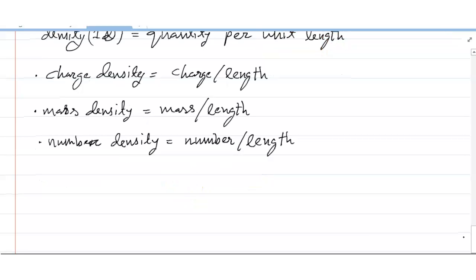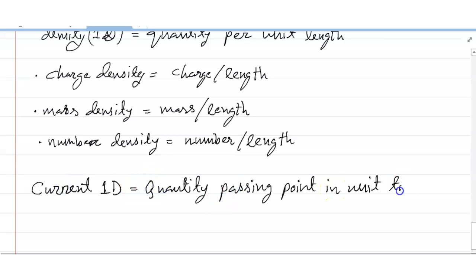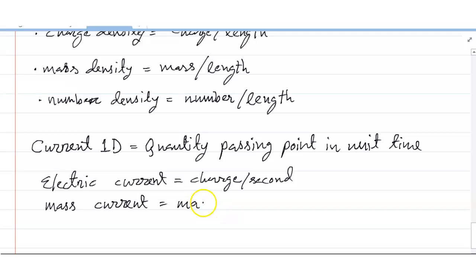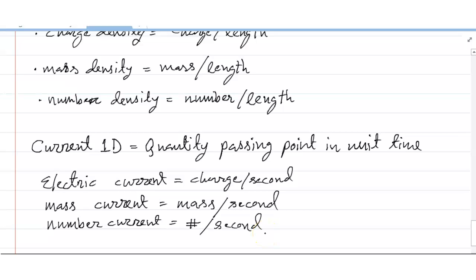Current in 1D is the quantity passing a point in unit time. Electric current is charge per second. Mass current is mass per second. Number current is number per second. So friends, I have discussed what current and density are.